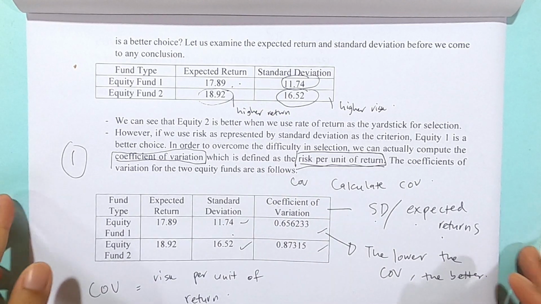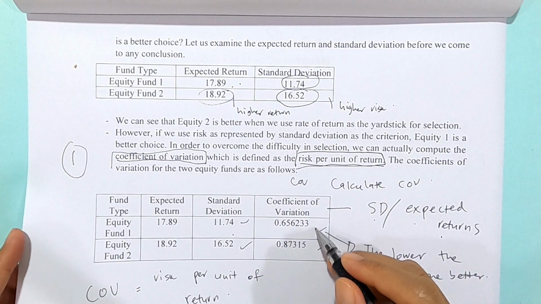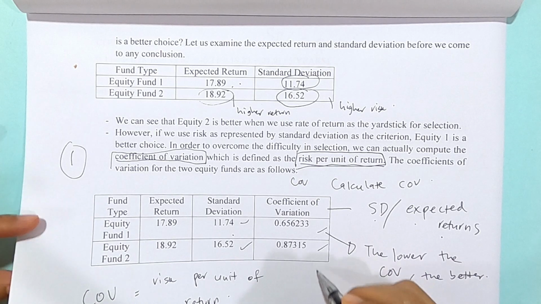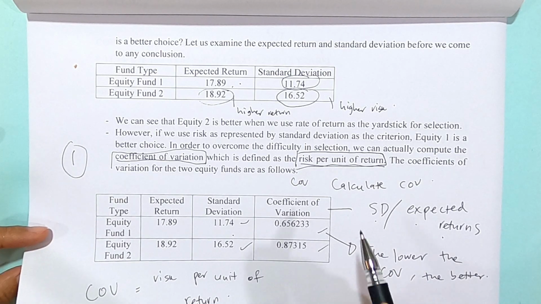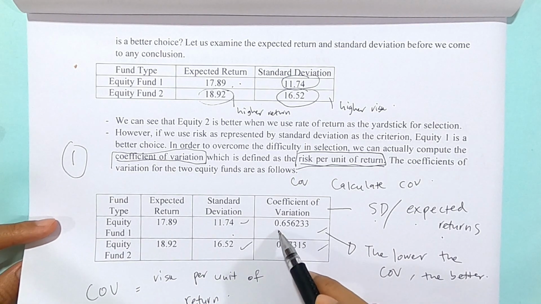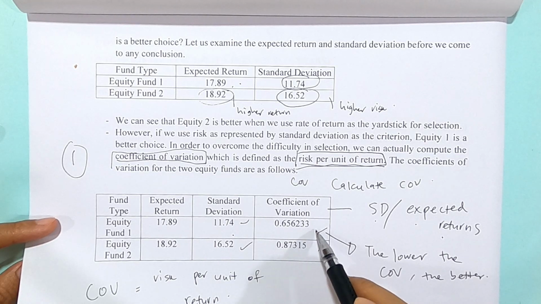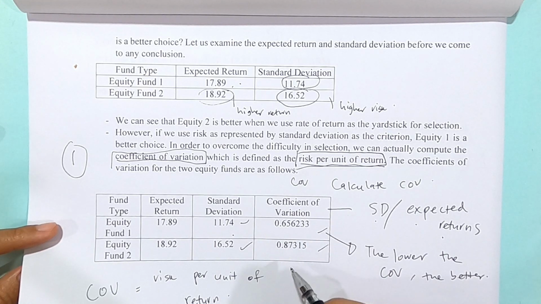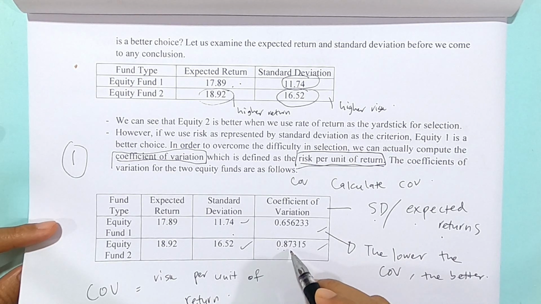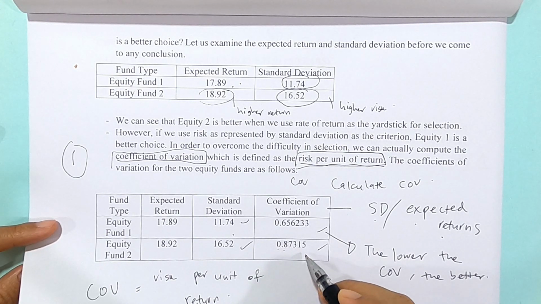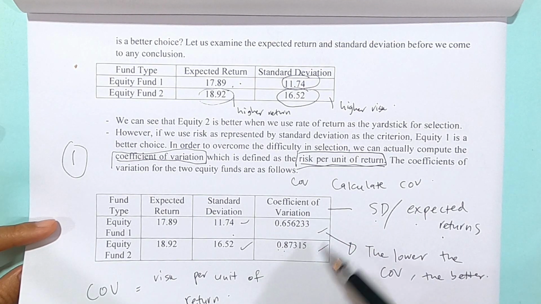This is pretty straightforward. Once you calculate the coefficient of variation, you can see that for equity fund 1 it is 0.656233, while for equity fund 2 it is 0.87315. Once we calculate the coefficient of variation, how should we interpret this?